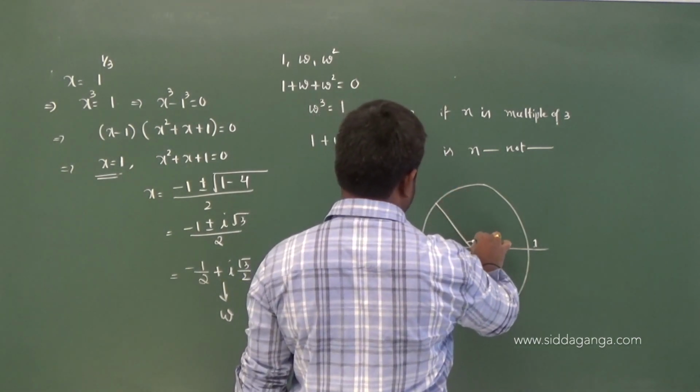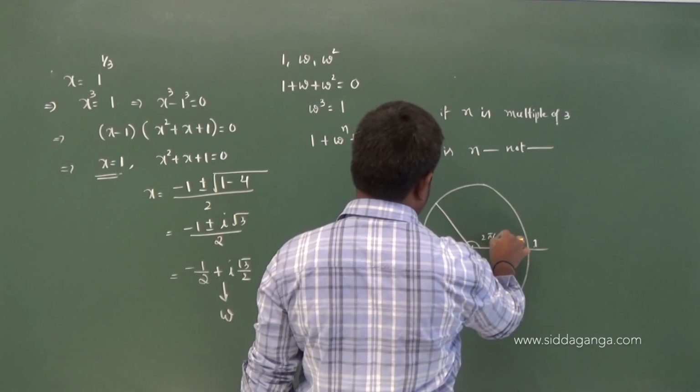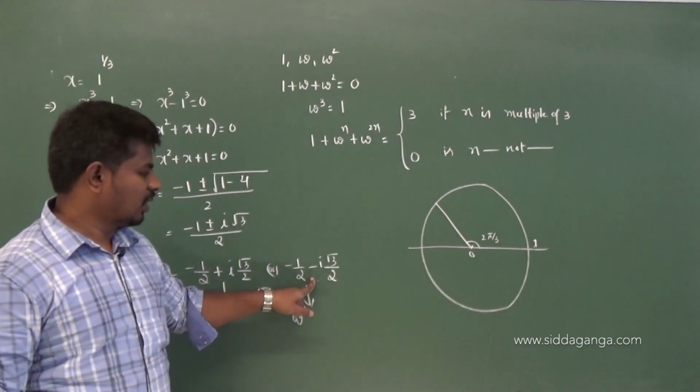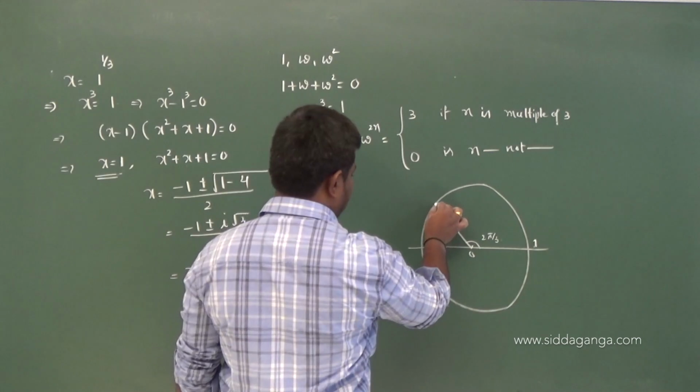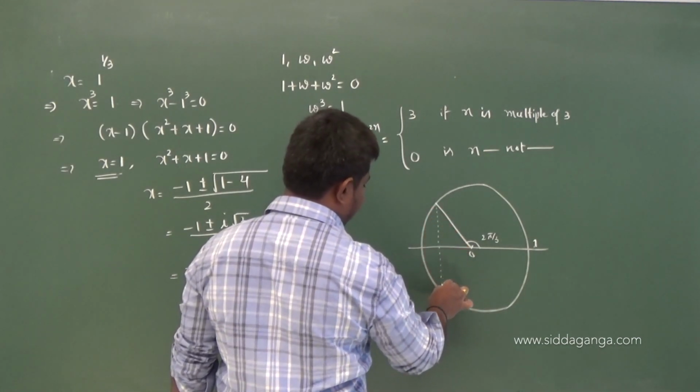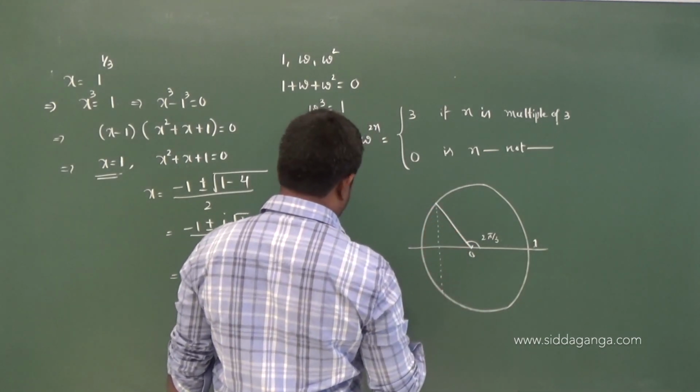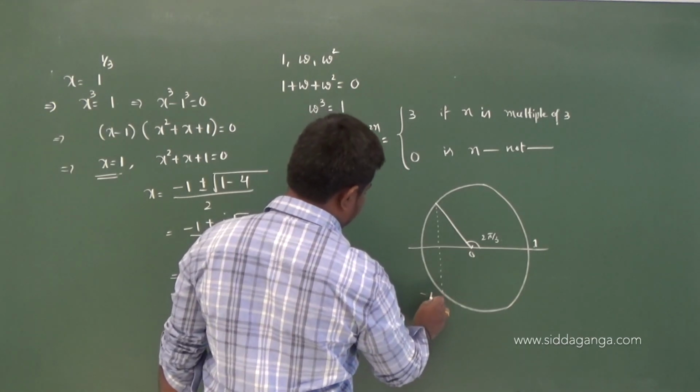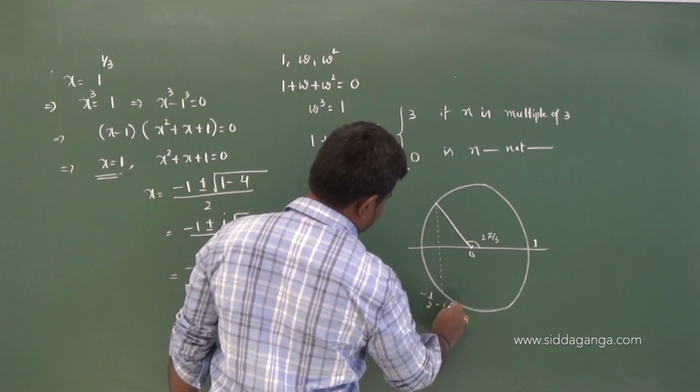And another one is the conjugate of this. Therefore, you get here the conjugate, which is the mirror image about the x axis, that is minus 1 by 2 minus i root 3 by 2.